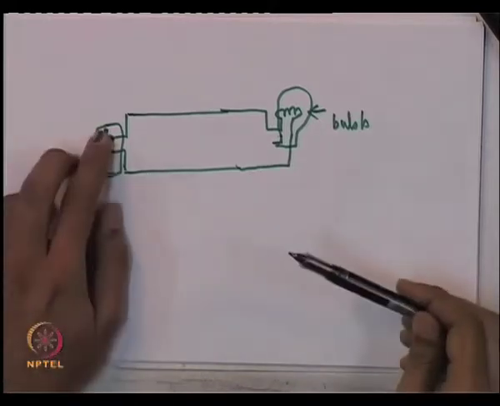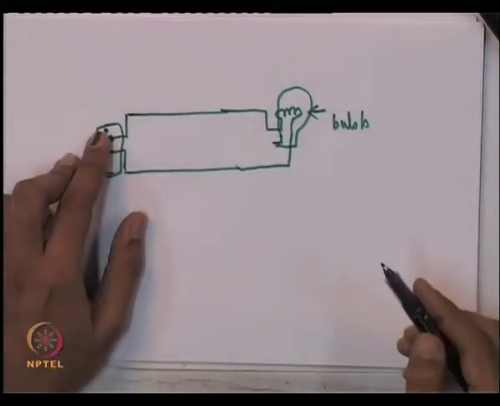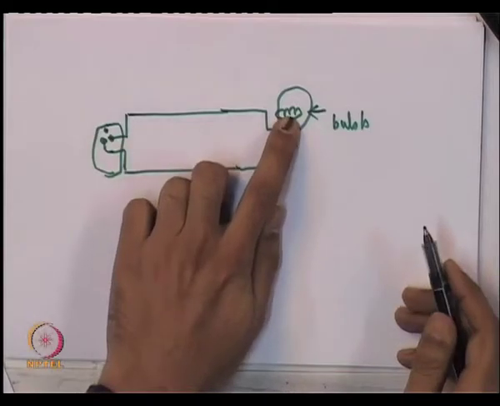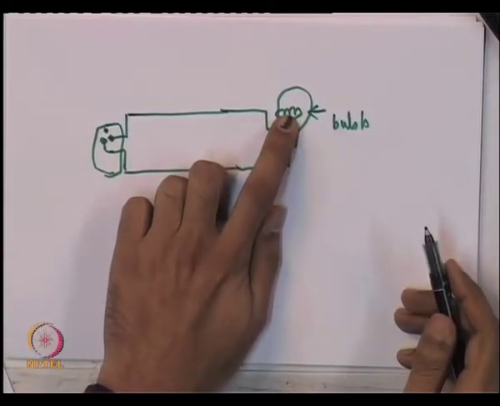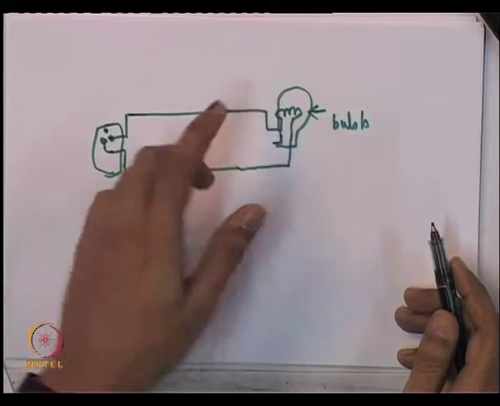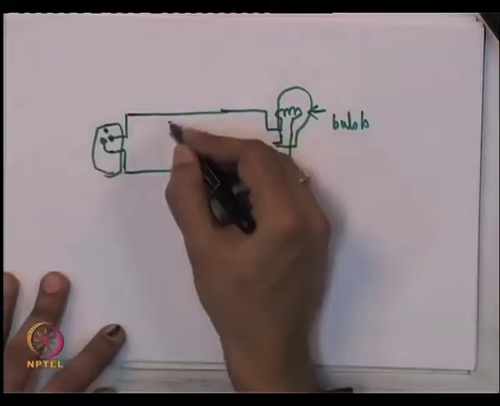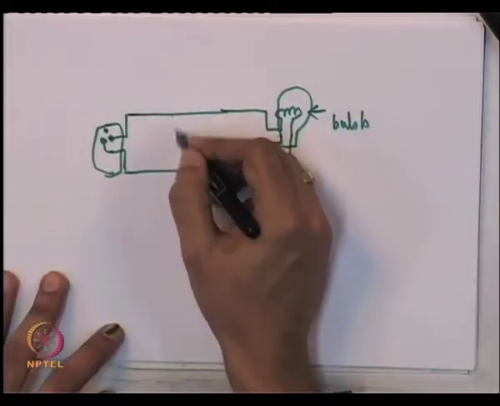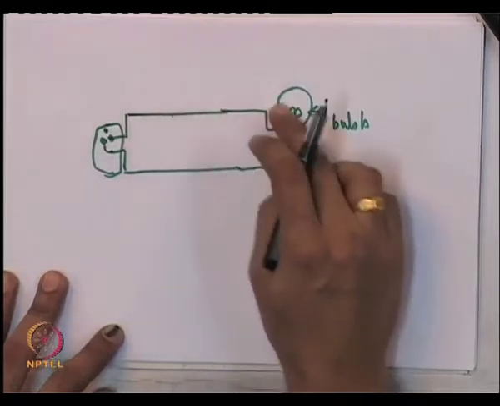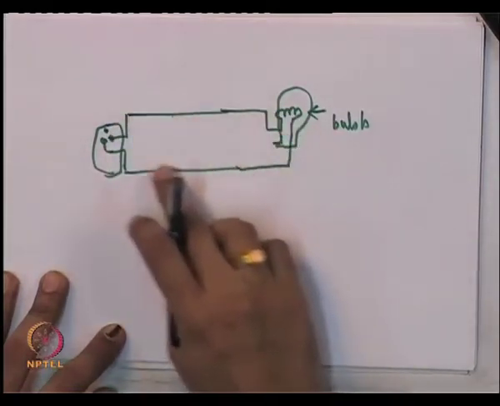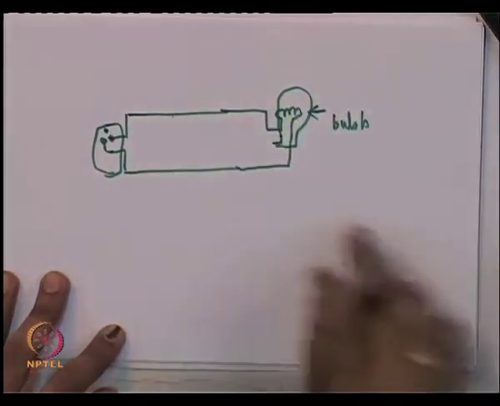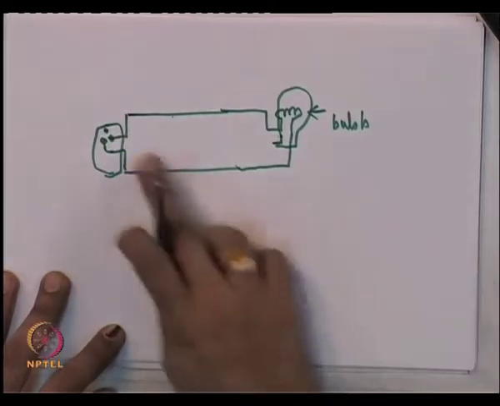Now, when you switch this on, the bulb practically lights up instantaneously. It is only a resistive kind of load. Okay? But of course, a purist may say, well, there are parasitic inductances and capacitance associated with this wire which connects the bulb to the plug point.